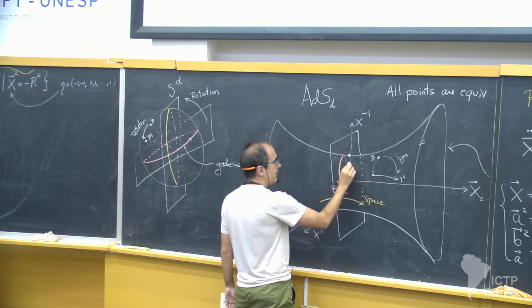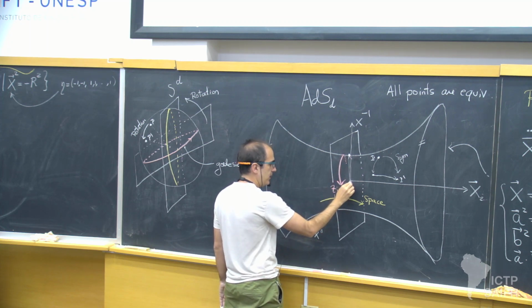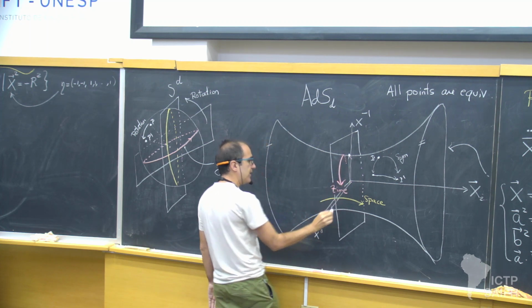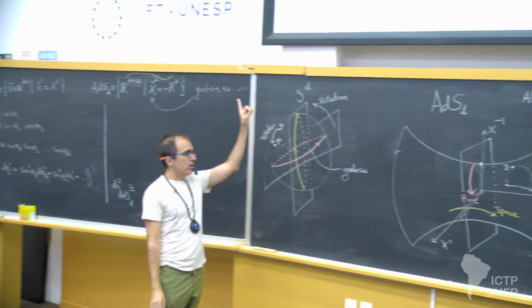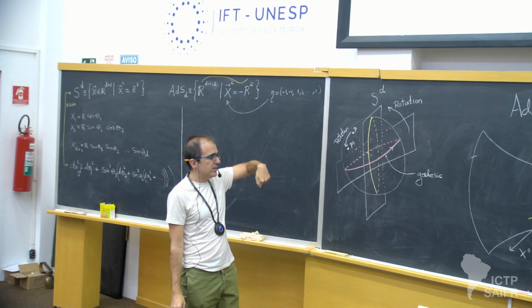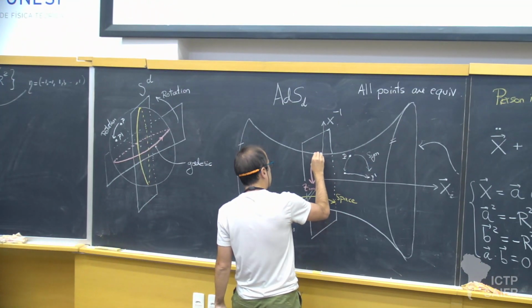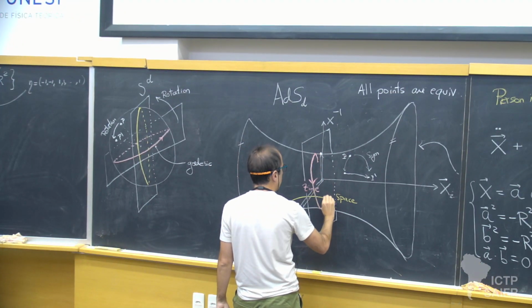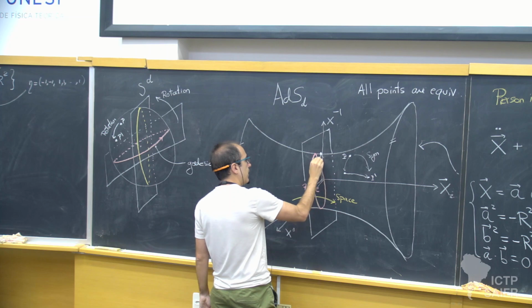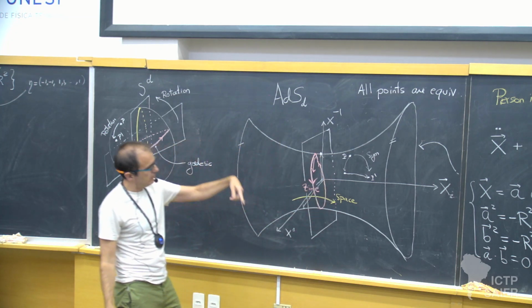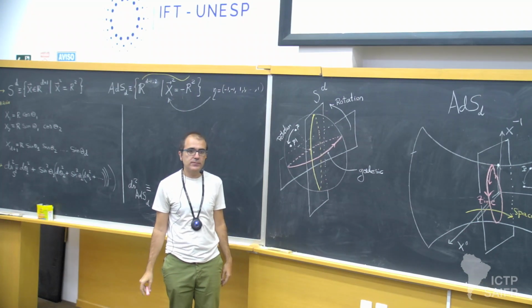I take A to be this vector, I take B to be this vector. A points in the direction -1, B points in the direction 0, and then the geodesic would be just the circle that goes around forever and ever and ever.